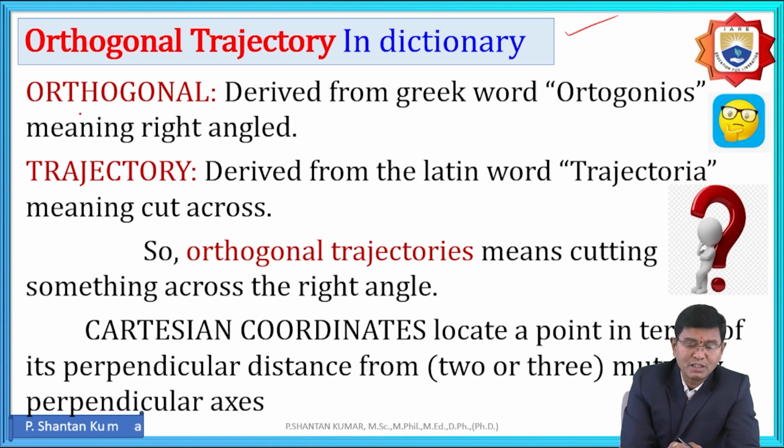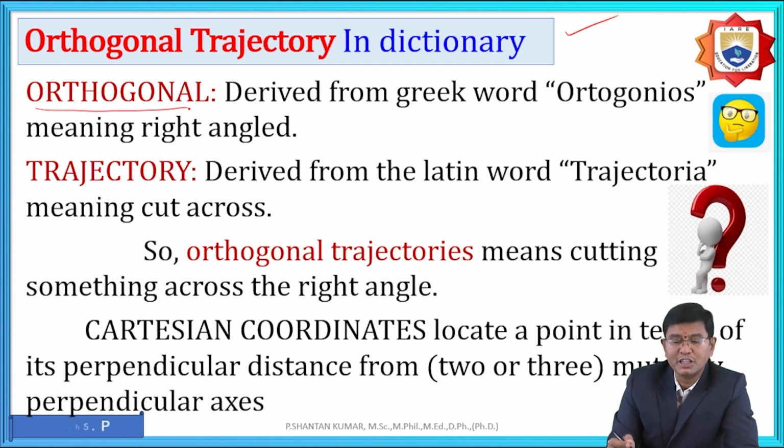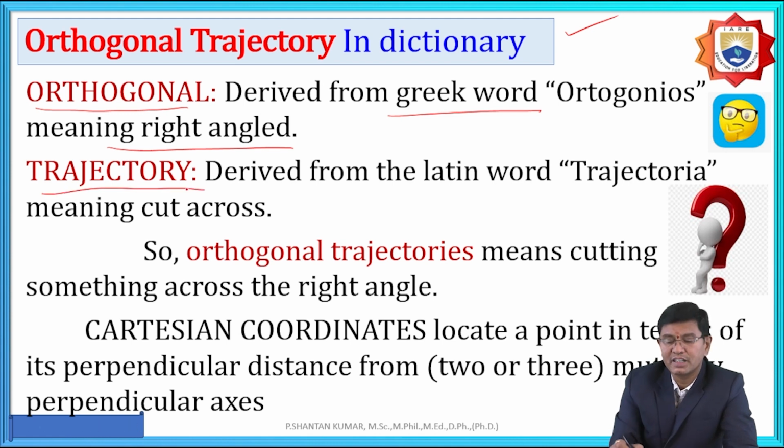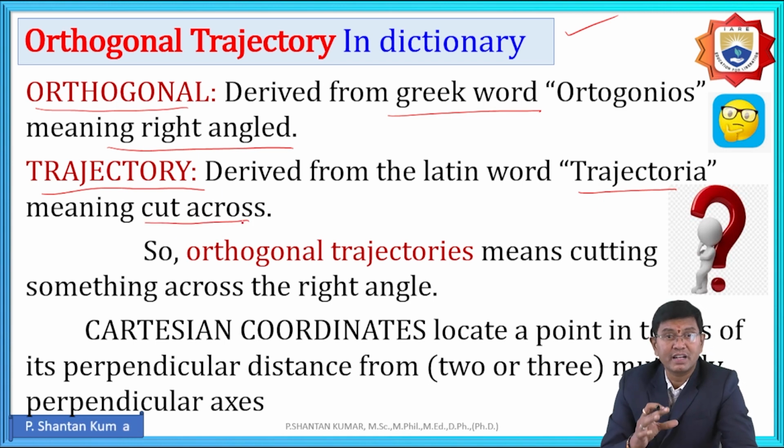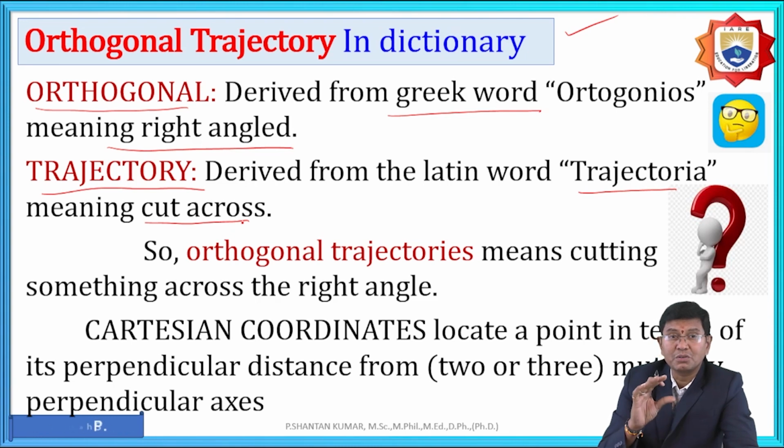Orthogonal is obtained from a Greek word meaning right angle. That is right angle only. The trajectory is nothing but intersecting, that is touching. That is the meaning of the Latin word, it is a cut across. And based upon this, orthogonal trajectory means orthogonal, perpendicular or right angle, and trajectory means cutting.